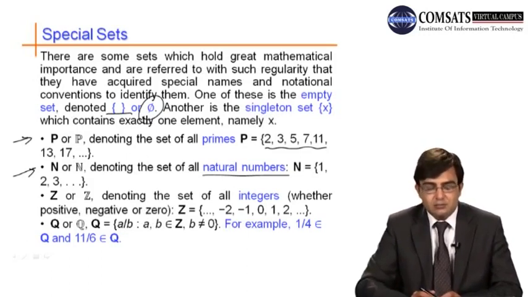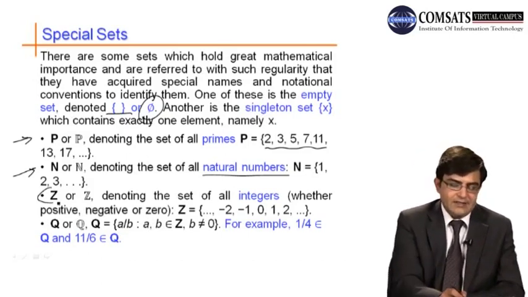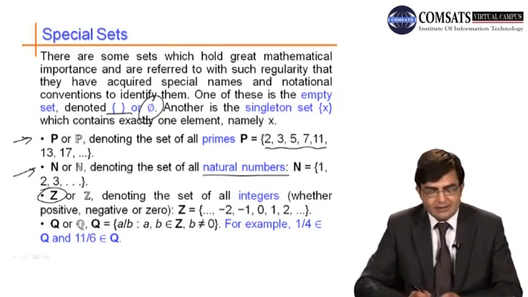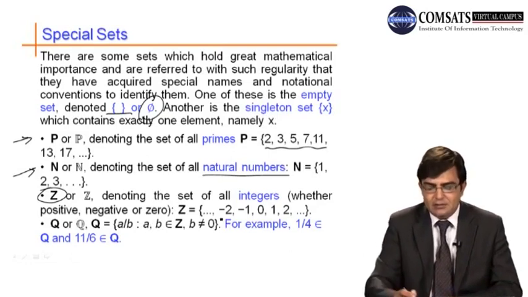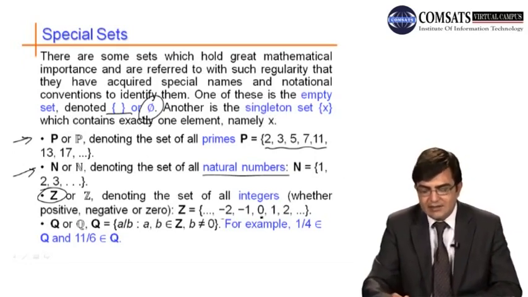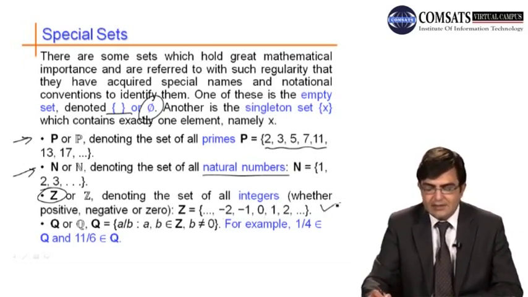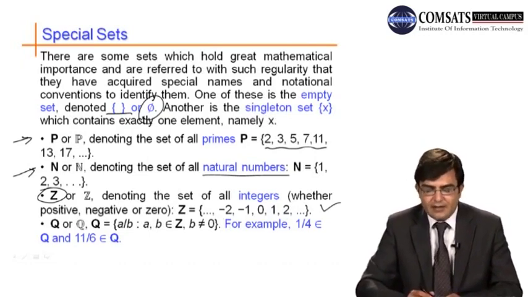So this set also has a special notation, capital N. Similarly, the set of integers is denoted by capital Z, and it contains elements you already know, I think: plus minus 1, plus minus 2, plus minus 3 and 0 also. This set also has the special notation Z.